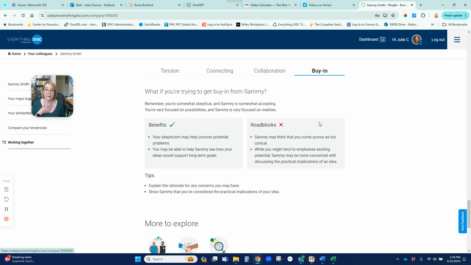So I need to explain the rationale for any concerns that I may have and show Sammy that I've considered the practical implications of the idea, right? And he's going to have a different set of tips that he can talk about and tell me about and ask me, would that be helpful? So that's a quick overview of the colleagues function and the types of conversations that you might have using that.